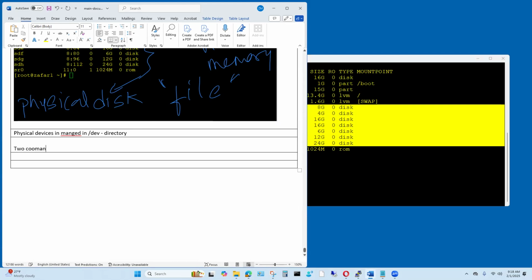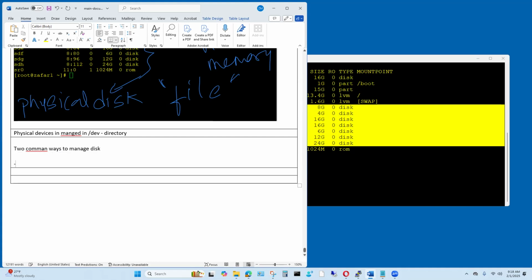So there are two common ways to manage disk. One is fdisk, the fixed disk editor. Ahmed, you might remember this.